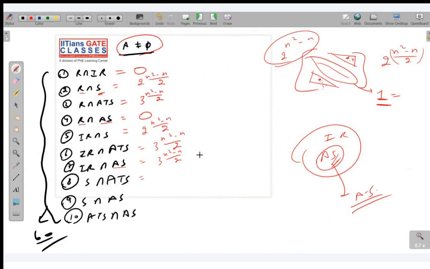Next, symmetric intersection antisymmetric. This is beautiful. Can a relation be symmetric as well as antisymmetric? Yes. For the diagonal elements, 2 possibilities, present or absent, both are saying the same.